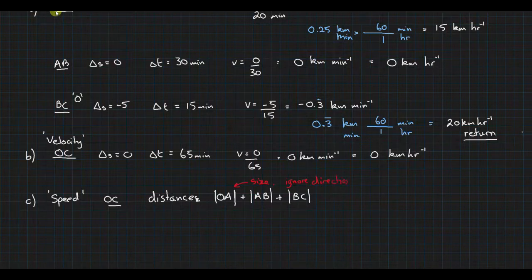It's the modulus function. So OA is 5, AB we did nothing, BC we did 5. So that's 10 kilometres.